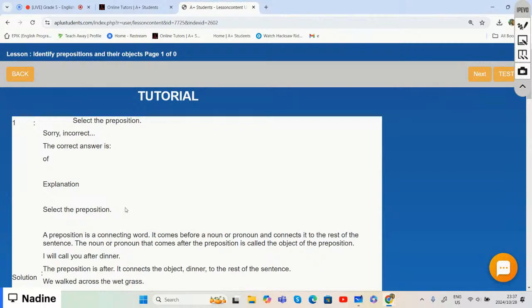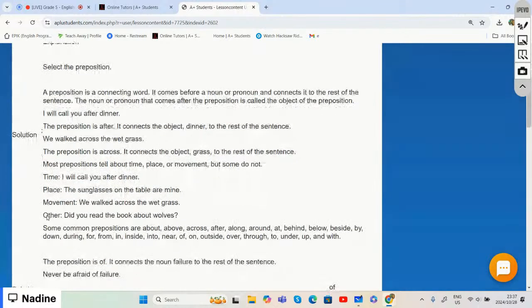So we need to select the preposition first.